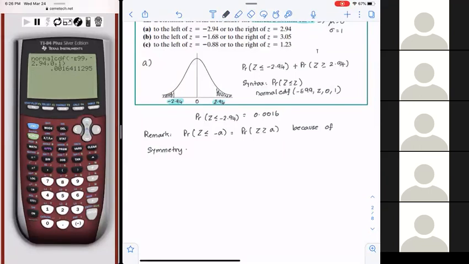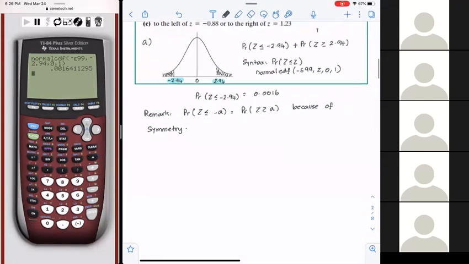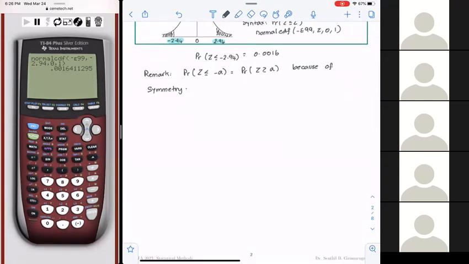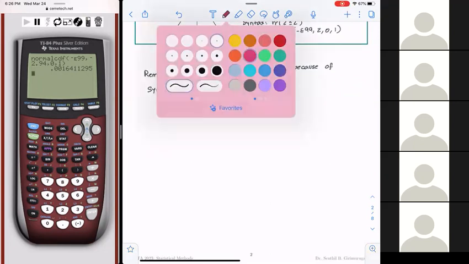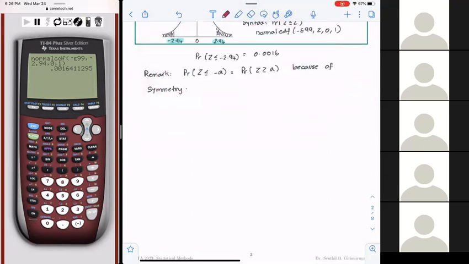Now, if you have a newer version of the TI-84 calculator, the syntax is pretty much the same, but the way that they take input is slightly different.